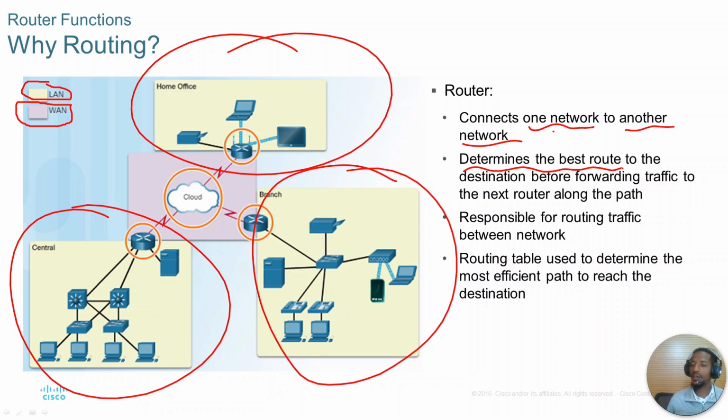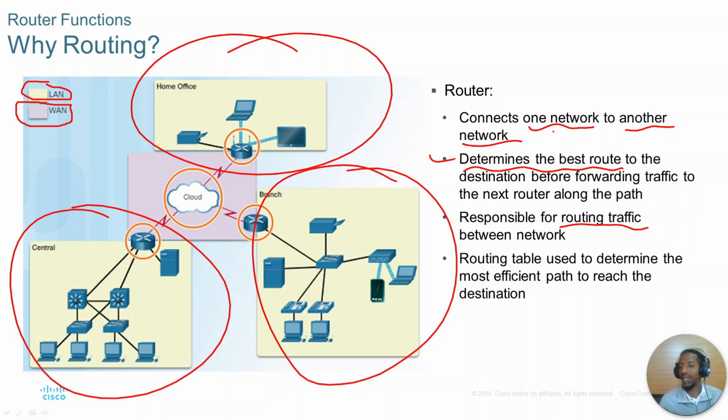The third possibility of the router, which is similar to the previous one, is routing traffic. The second concept, what did we say? We said that the router determines the best route. Determining the best route is so that you can route the traffic.